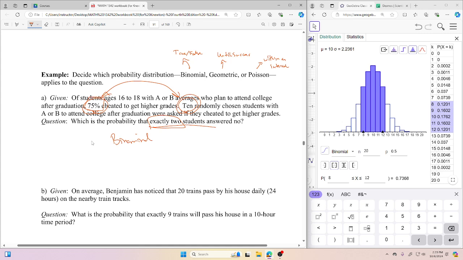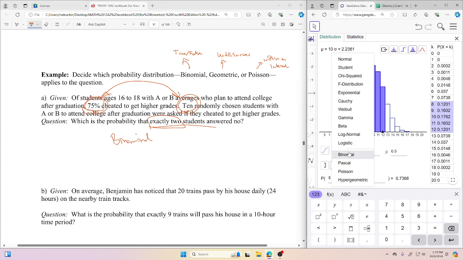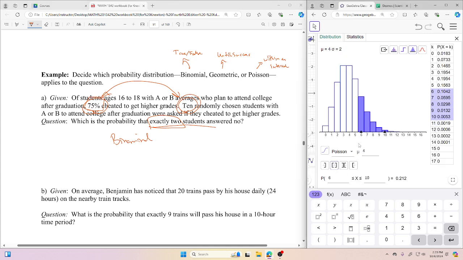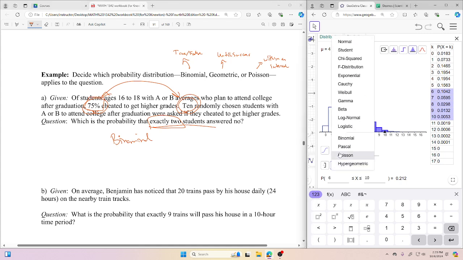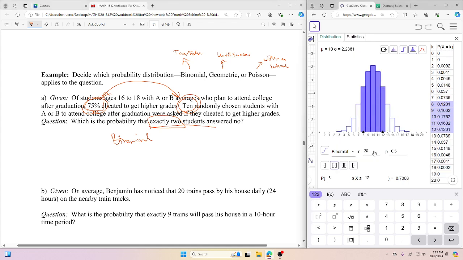See how that fits the mold. The Poisson only has a single number, so that's a write-off. And technically, the geometric only has a probability. It doesn't have an amount of people. That's on the technical side, but on the bigger scale, binomial because you either cheat or don't cheat. And they never said something like within the next 5 years. That's when I would probably try some Poisson. So binomial. Let's actually get the answer then. I have 10.